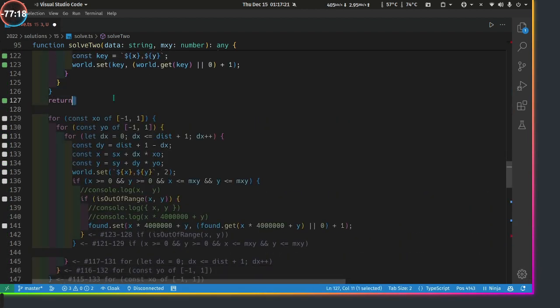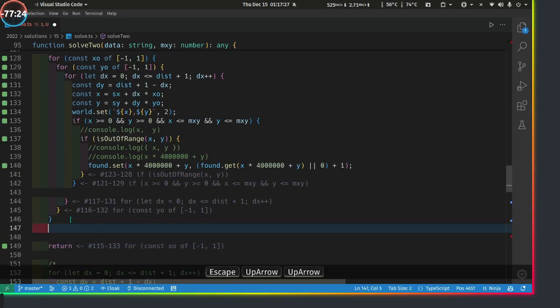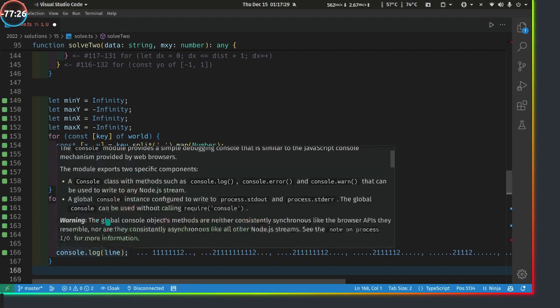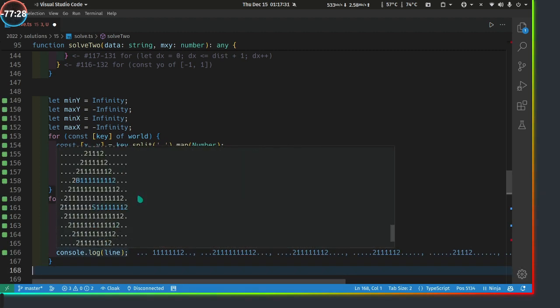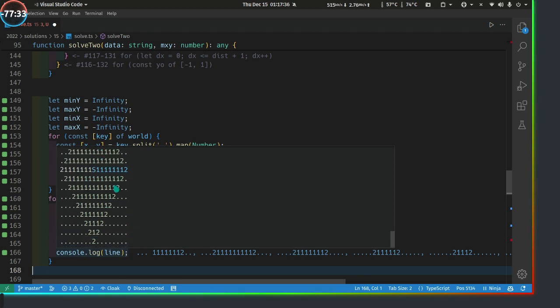So now that you are trying them all, that return here, and I should see a bunch of pretty numbers. Yep, all the numbers are on the edges of the diamond. This is exactly what I want. It's doing exactly what I want.